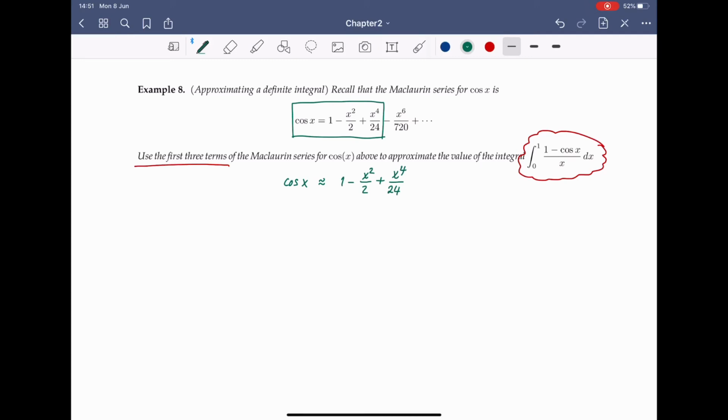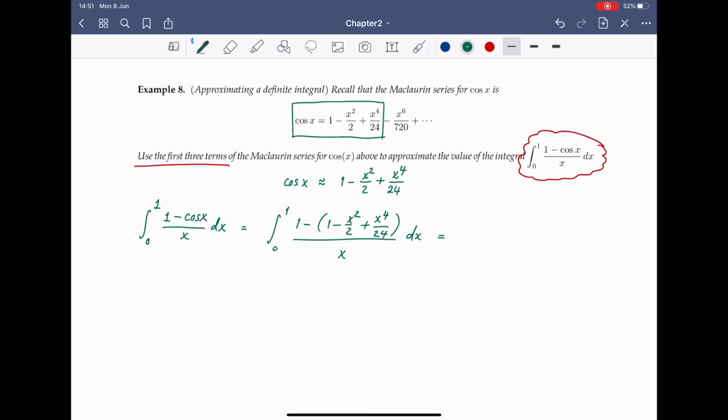Alright, and then now I compute the integral from 0 to 1 of 1 minus cosine x over x dx. So I need to integrate from 0 to 1 of 1 minus the quantity 1 minus x squared over 2 plus x to the fourth power over 24, and then over x dx, and then something cancels.